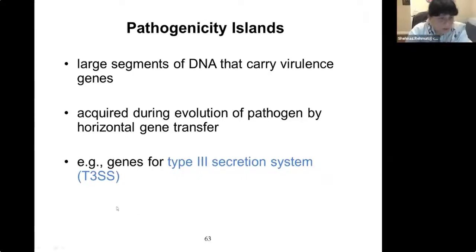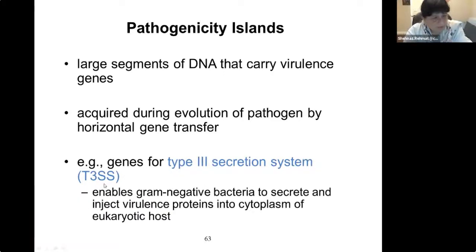Now please note that instead of TTSS, we have gone back to T3SS, because since we have gone up to more of the systems, we rather put them as numbers, T1, T2, T3 secretion systems. TTSS was originally for type 3 secretion system, but now we can call them T3SS or TTSS, whichever.